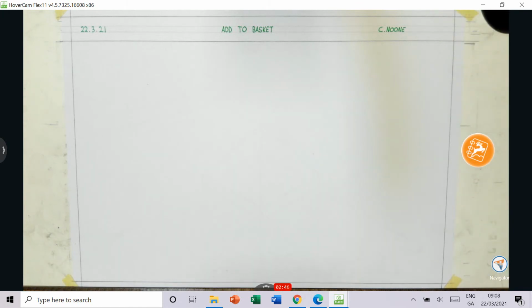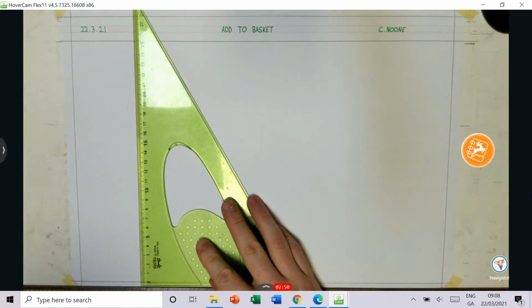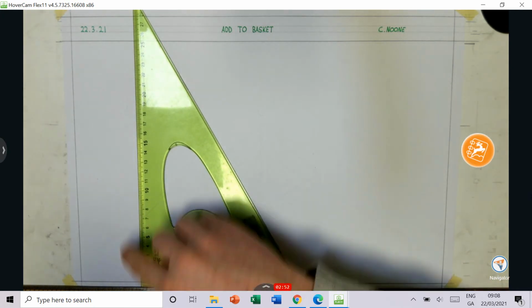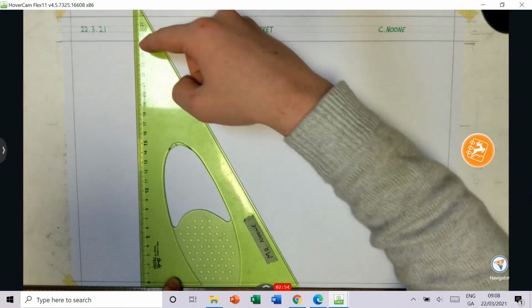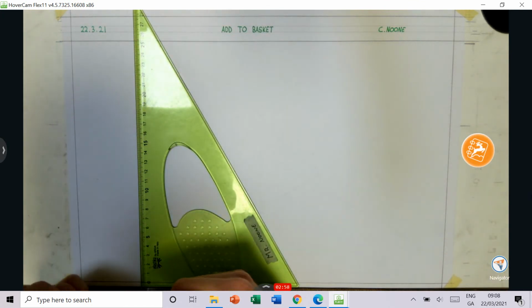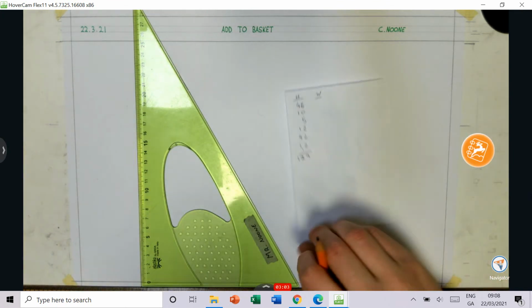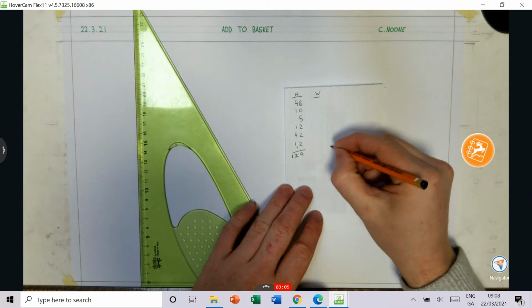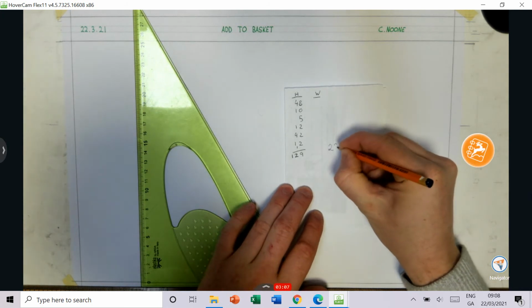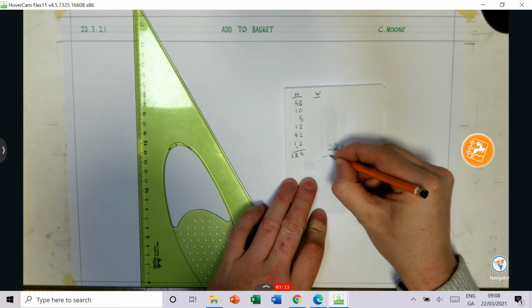Now, I also know that from the bottom of my border to the top, so from border to border here, is 224 millimeters. Take away 129.